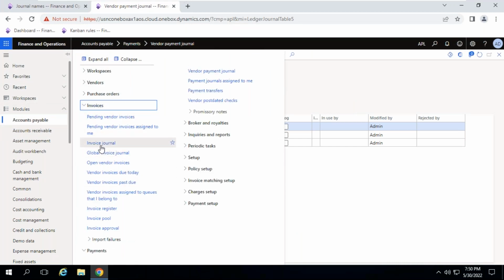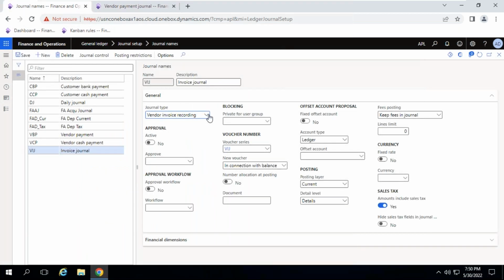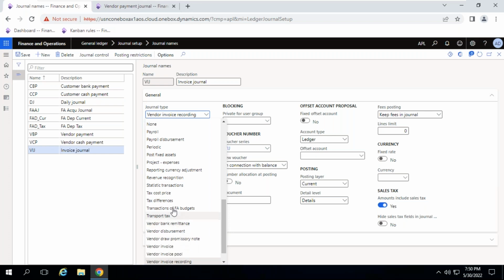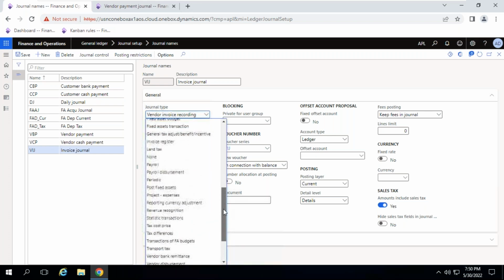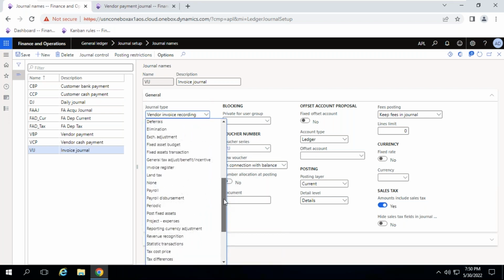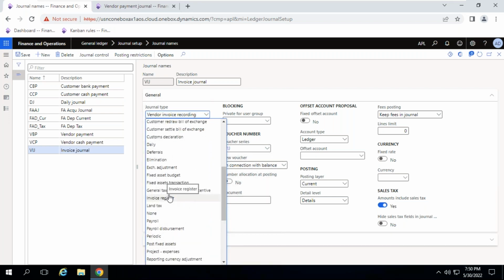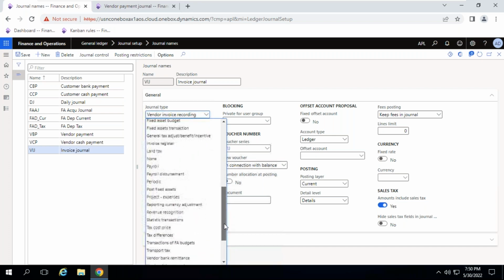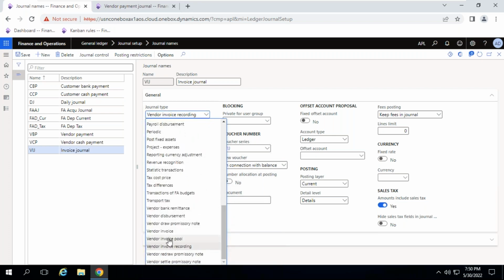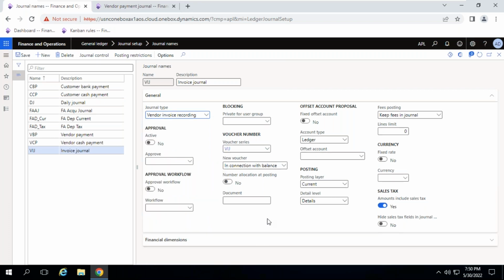Invoice register, so that one is invoice register. Okay, if it is pool, it is invoice pool. Vendor invoice pool.